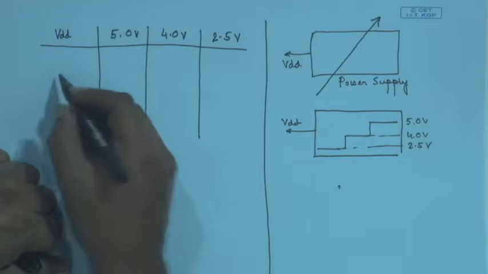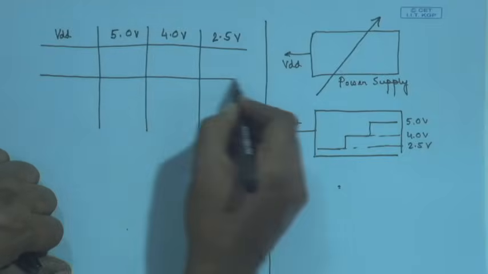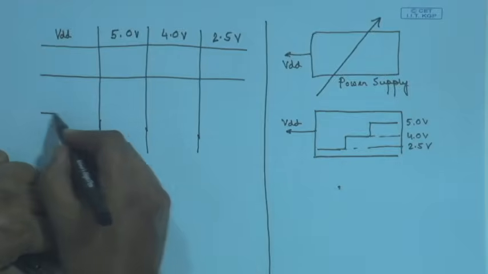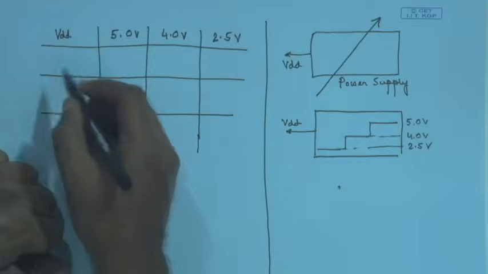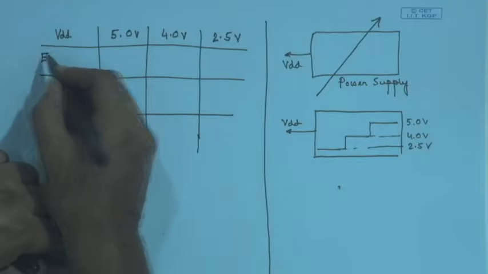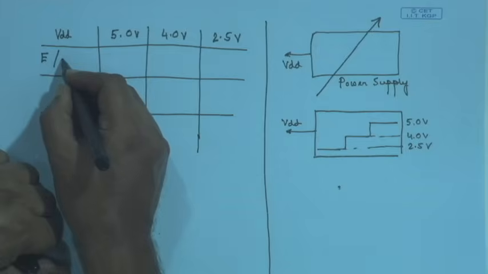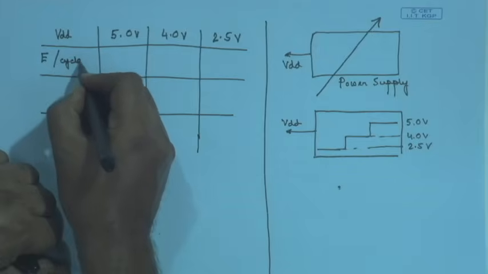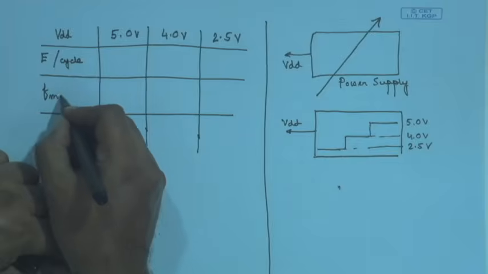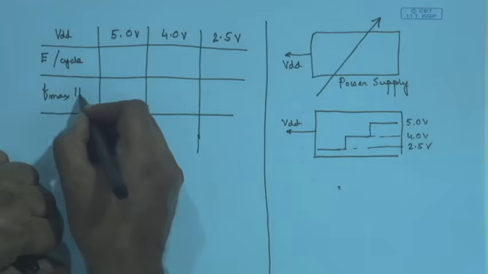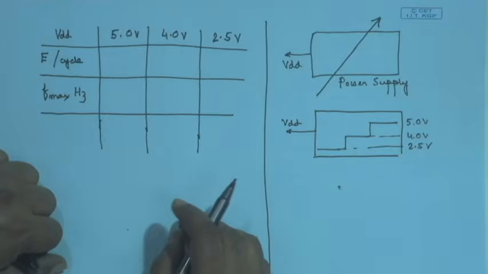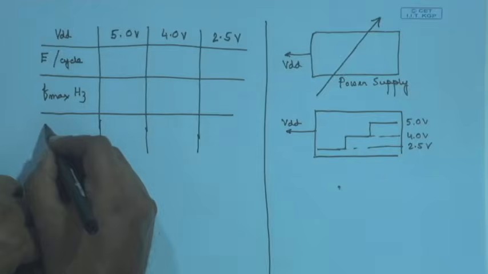By the equations that we have shown, we can have the energy per cycle, the F max in hertz, the maximum frequency that we can run, and the cycle time.